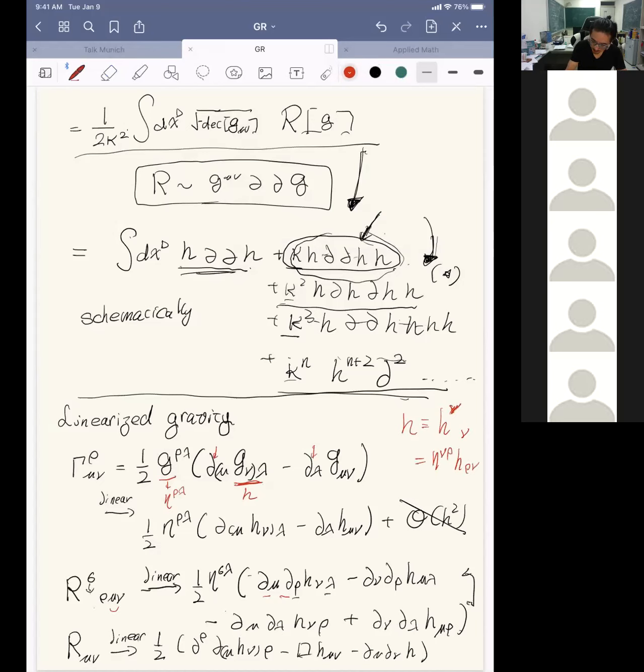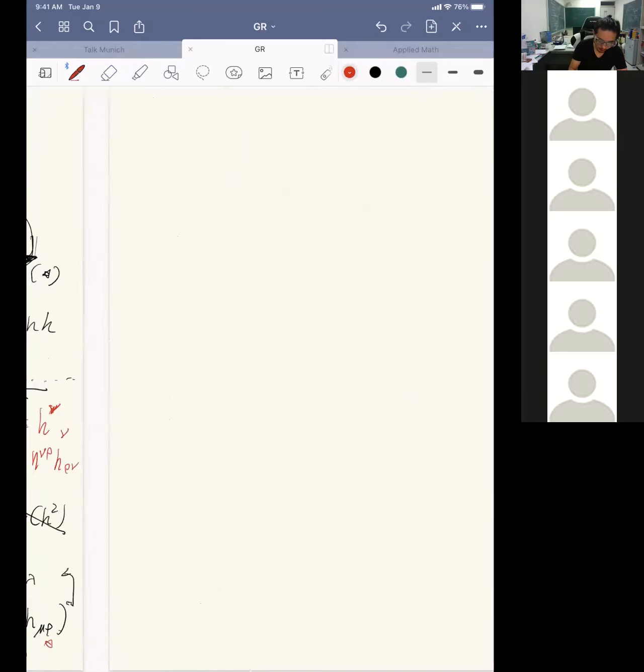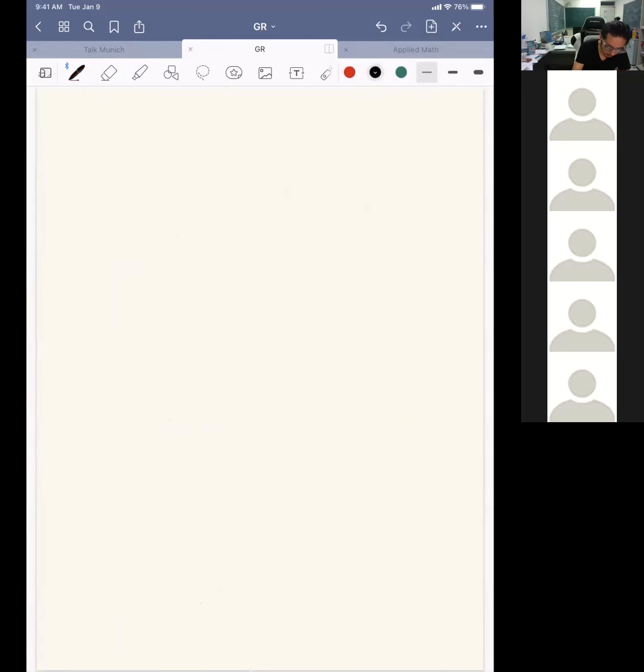All right, so now you see that the Christoffel symbol, the Riemann tensor and the Ricci tensor are all simplified. And therefore, similarly, your Einstein equation is also going to be simplified. So the linear order Einstein equation, which we will be focused on at least this week, is just going to be partial ρ h.